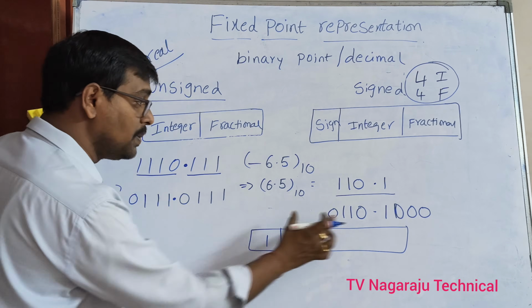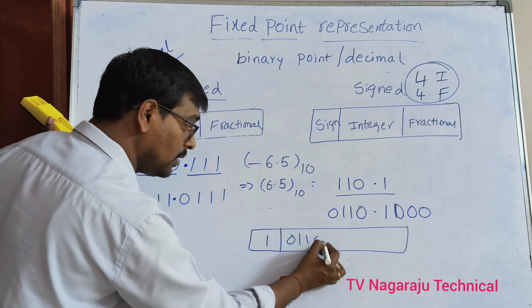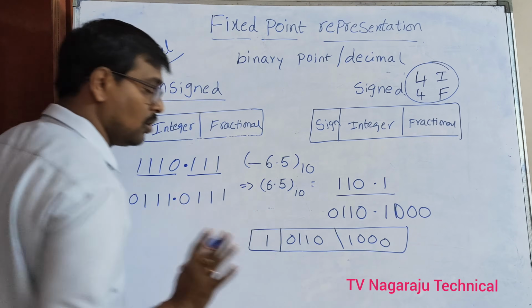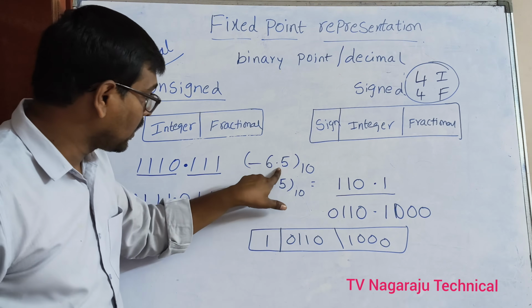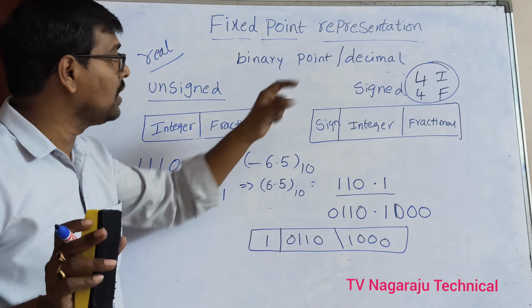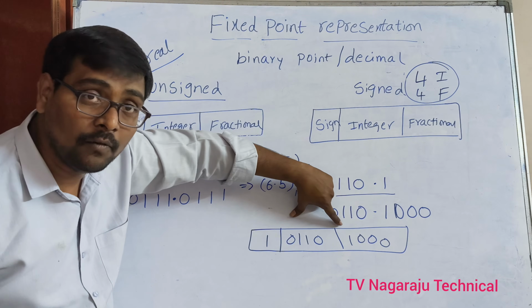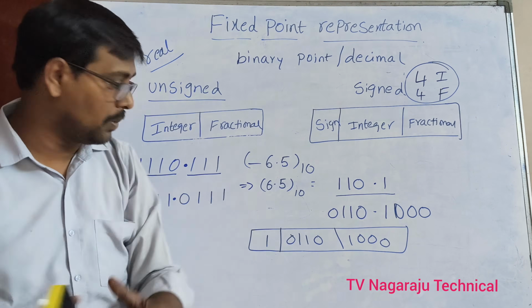1 specifies this is a negative number. 0, 1, 1, 0 is the integer part, and 1, 0, 0 is the fractional part. Clear? Here I am not doing any conversion. If you are converting, that is another scenario. Here my first aim is to represent this in signed representation, excluding 2's complement.